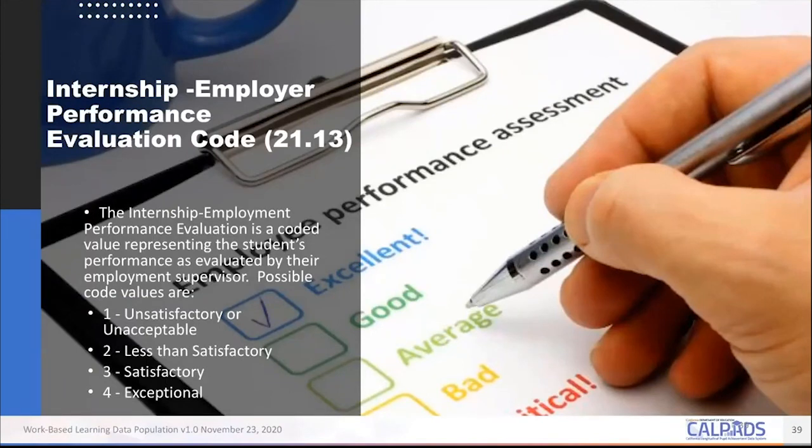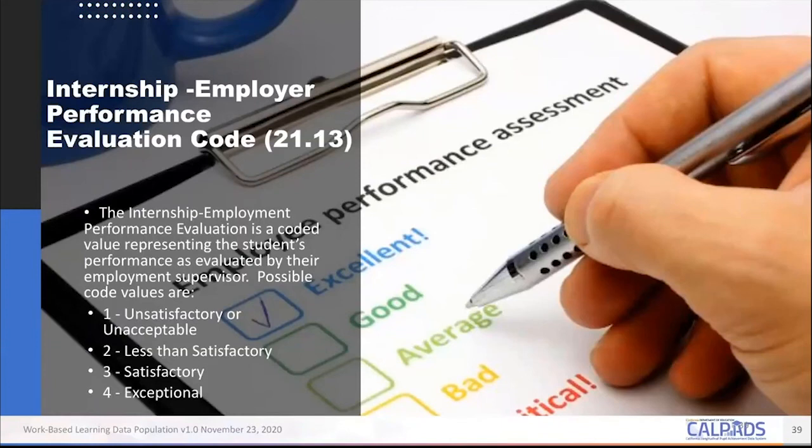There are 4 possible code values that you can populate this field with. There's a code 1, unsatisfactory or unacceptable. And I'm just going to read the definition for this one. The other ones you can read offline yourself. Unsatisfactory or unacceptable is defined as when an employer evaluated the student's overall internship performance as unsatisfactory or unacceptable.